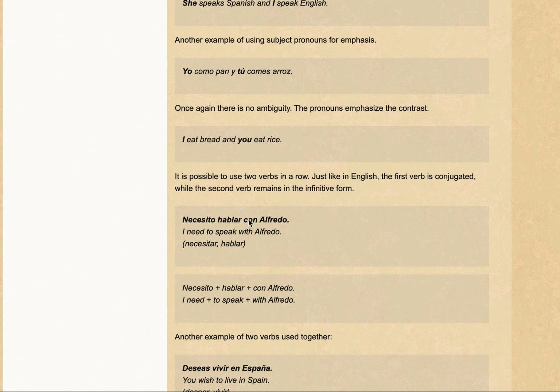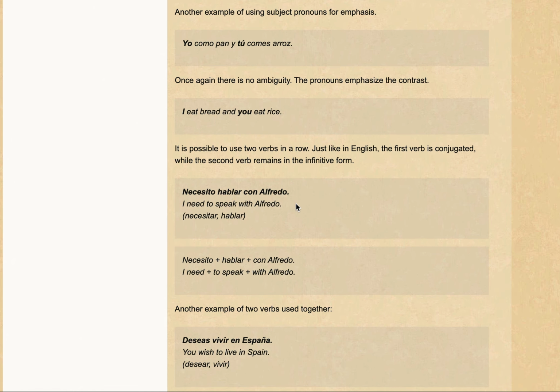It is possible to use two verbs in a row. Just like in English, the first verb is conjugated while the second verb remains in the infinitive form. So let's look at this. Necesito hablar con Alfredo.